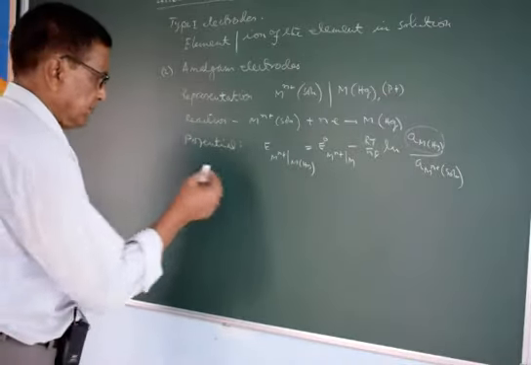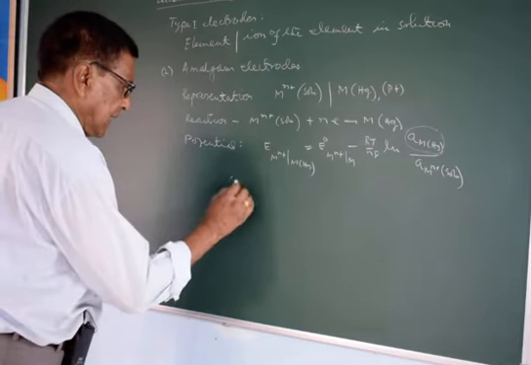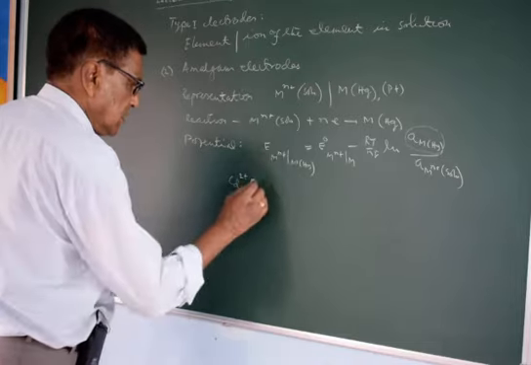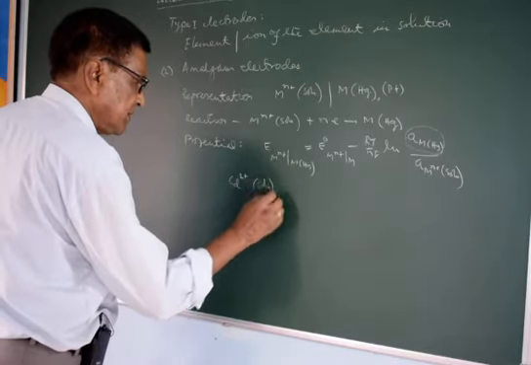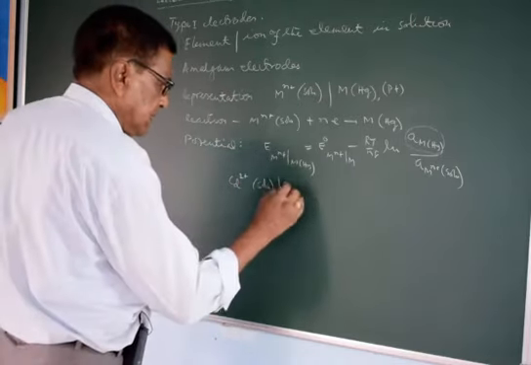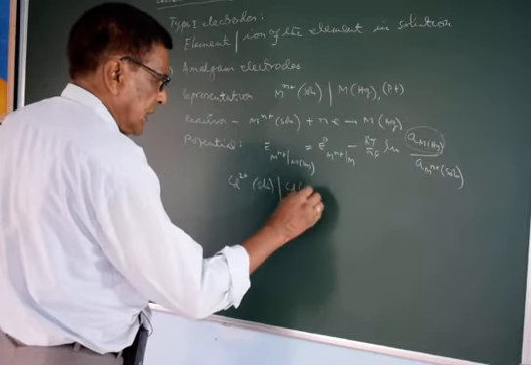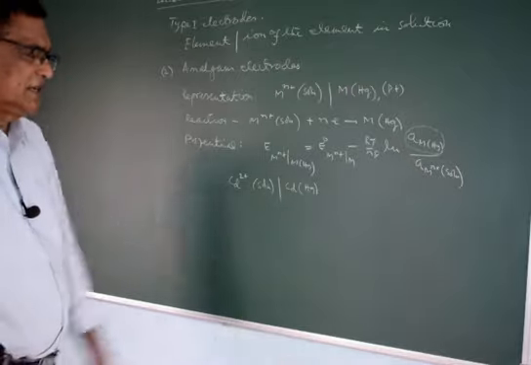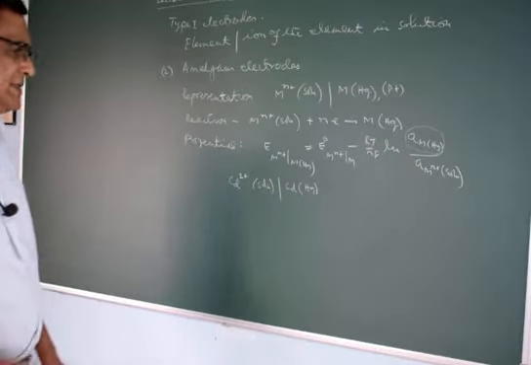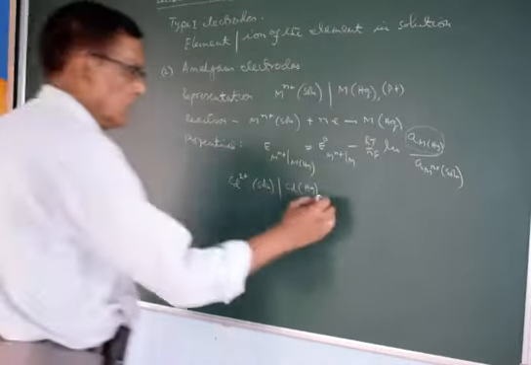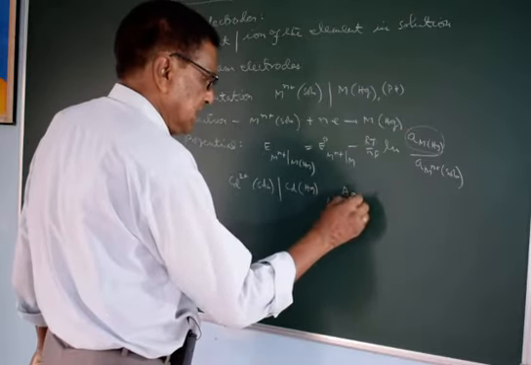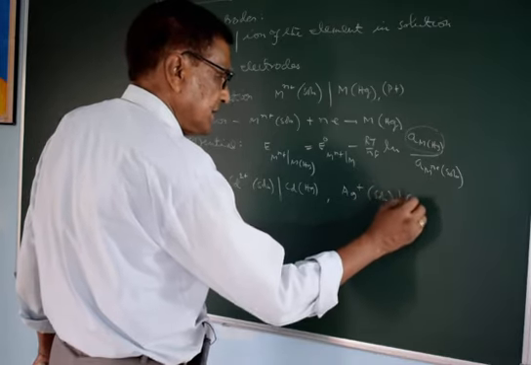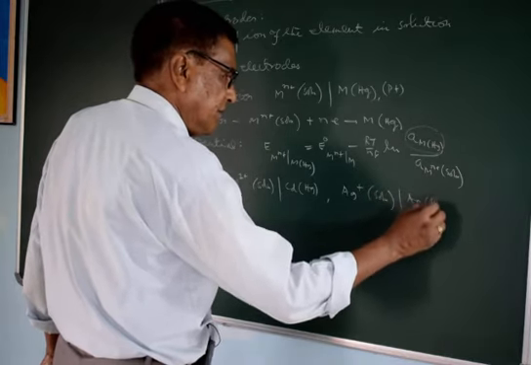Let us take an example. Cadmium 2 plus in solution and cadmium in amalgam. This is one example. Or zinc ion in solution and zinc metal in amalgam. Or silver ion in solution and silver in amalgam.